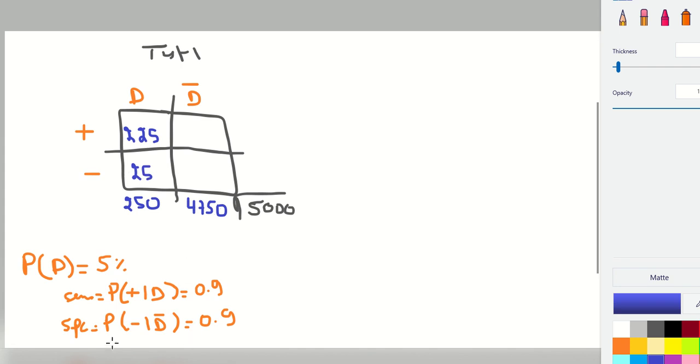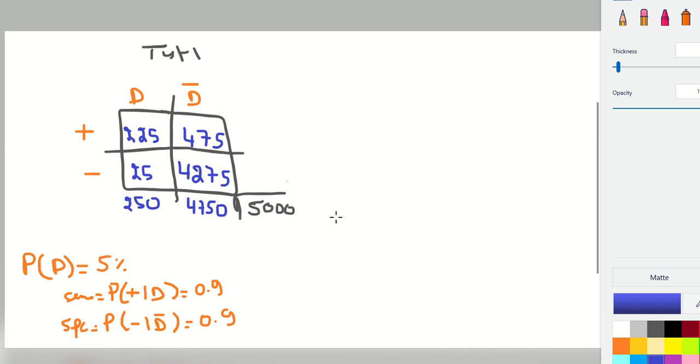And also the specificity of the test is 90%, meaning 90% of the healthy are going to test negative, down here. And 90% of 4,750 is 4,275. And that leaves you with 475 actually testing positive, even though they're healthy.